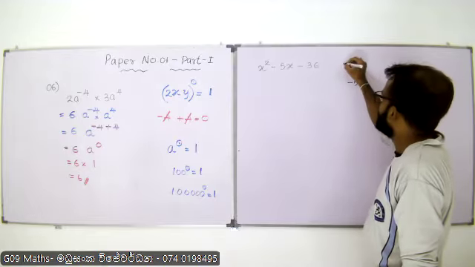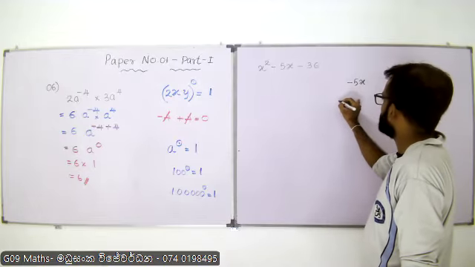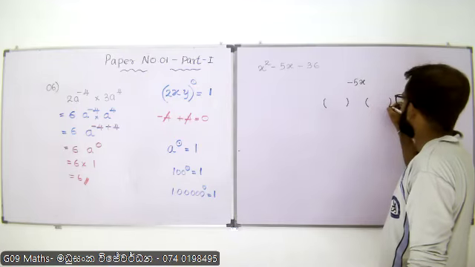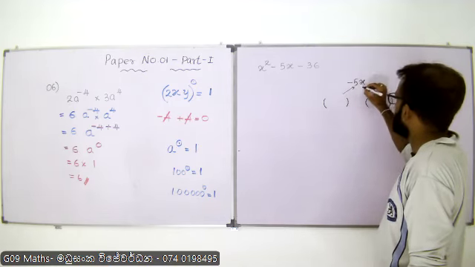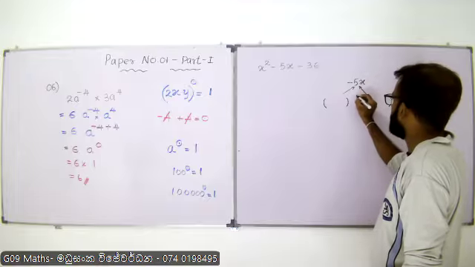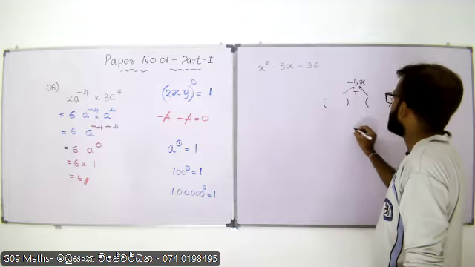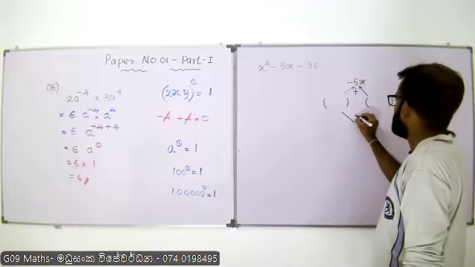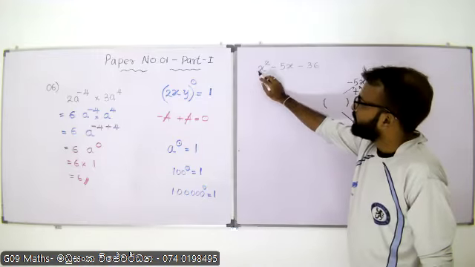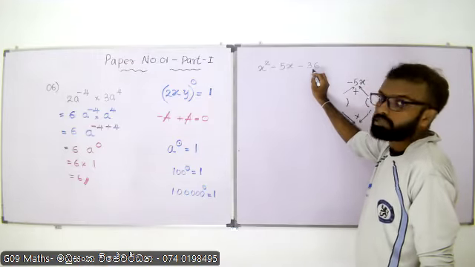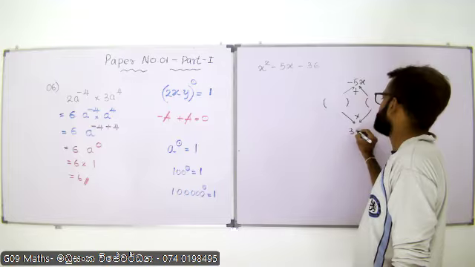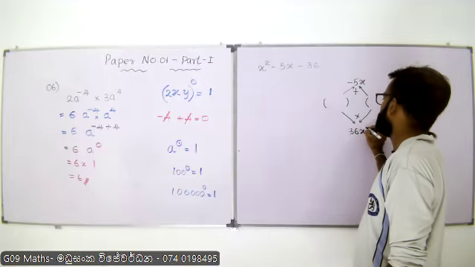If you add these two numbers, you need to obtain minus 5x. If you multiply these two numbers, you need to obtain the initial term multiplied by the last term, 36 x squared.